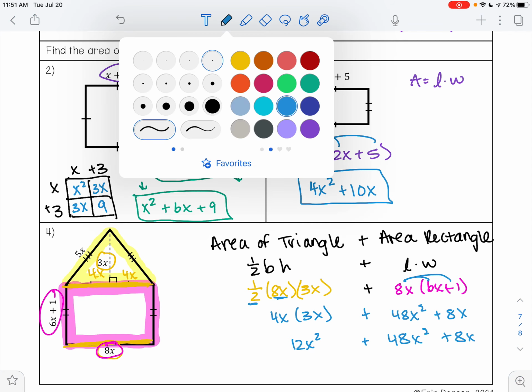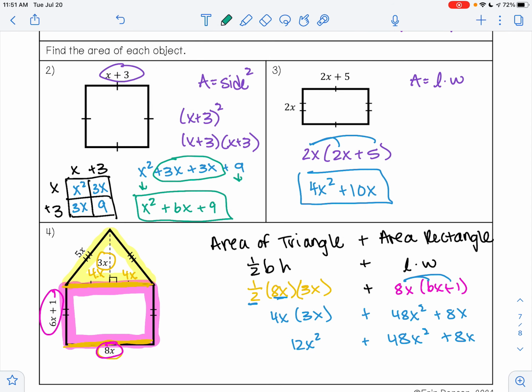My final step is that I can combine like terms. 12x squared plus 48x squared is 60x squared. And I'm going to bring down that 8x. So the area of the entire house is 60x squared plus 8x.